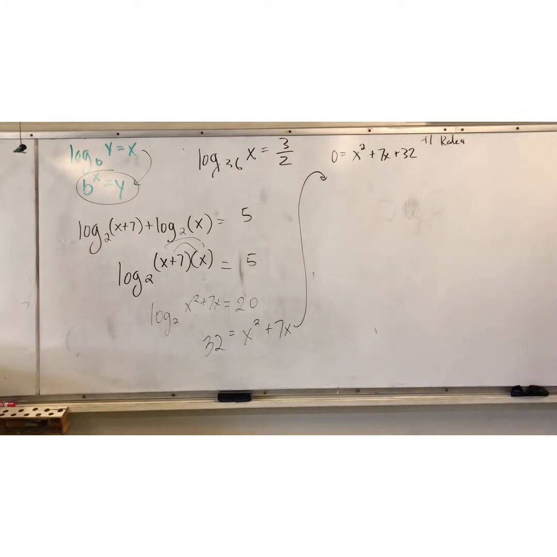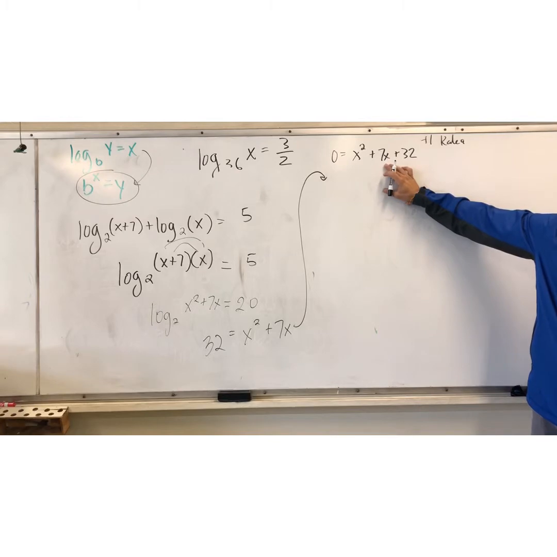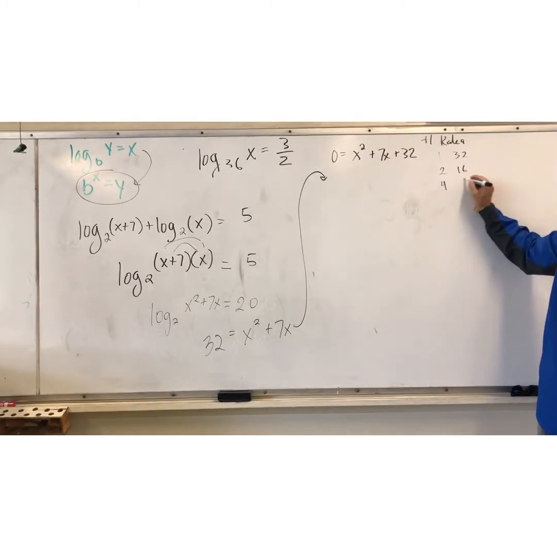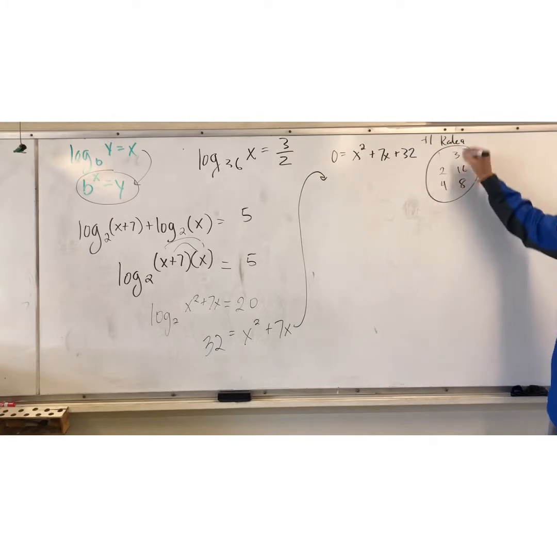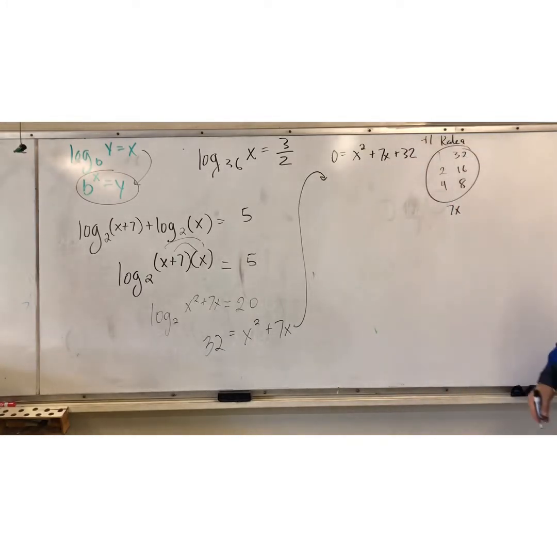Because I don't have 1 and 32, 2 and 16, 4 and 8, no combination of this is going to give me a 7x. So you probably would have to use the quadratic formula here, or you could graph this and find your zeros on a graph, and that'll get your answer. You could put that into a calculator or the quadratic formula, yes.